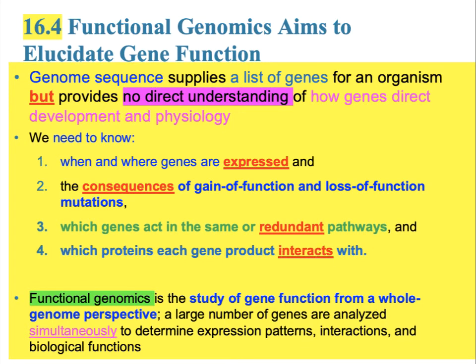These types of answers are the domain of functional genomics, which is the study of gene function from a whole genome perspective. Instead of looking at each gene individually, a large collection of genes are simultaneously analyzed to see if they produce expression patterns, interactions, or other biological findings.